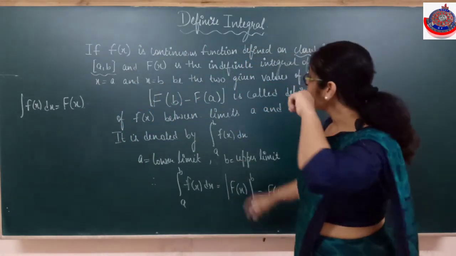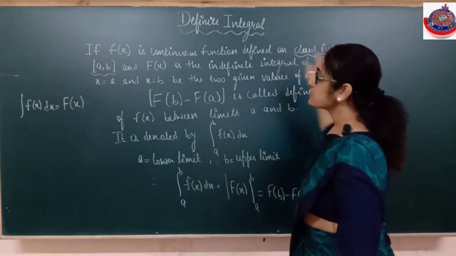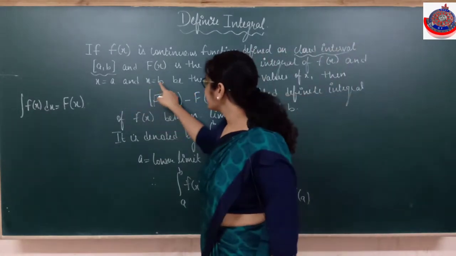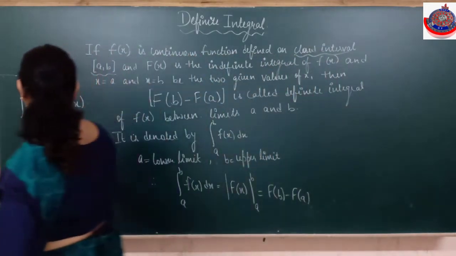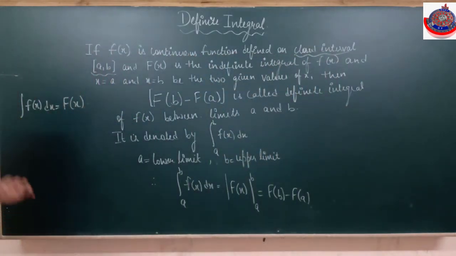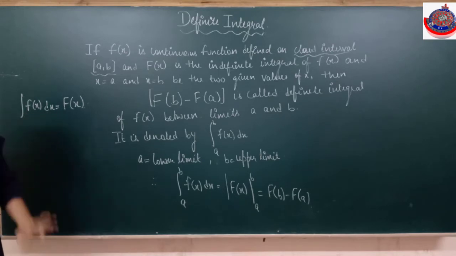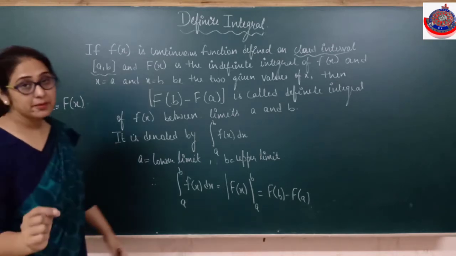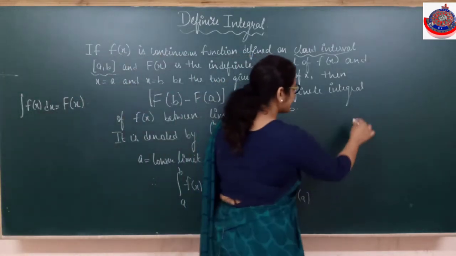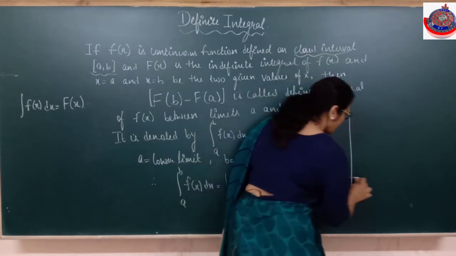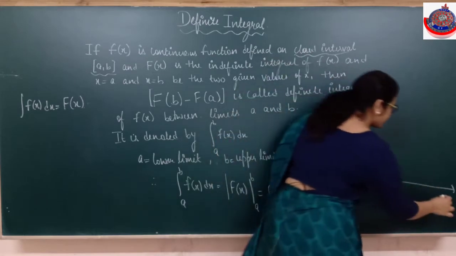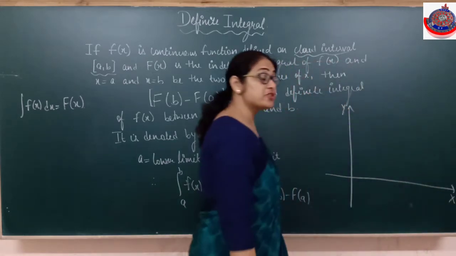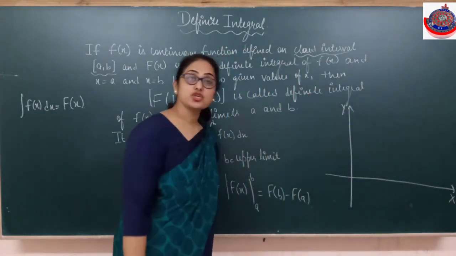Now, x equals a and x equals b are two given values of x. And this variable x, two values of this are given, a and b. Basically, if I represent it geometrically, if you remember, we did geometrical representation of indefinite integration also.